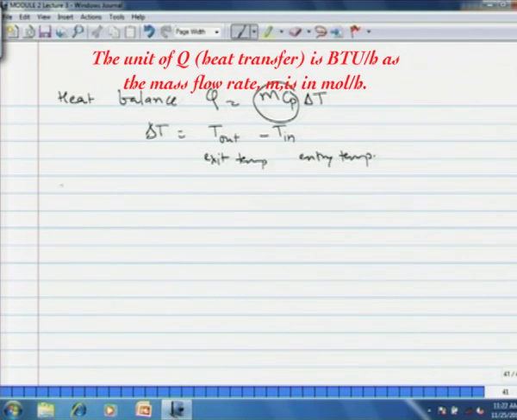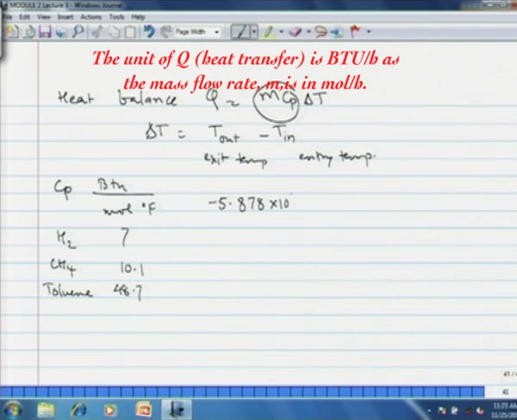The heat capacities of various components in BTU per mole per degrees Fahrenheit are hydrogen 7, methane 10.1 and toluene 48.7.